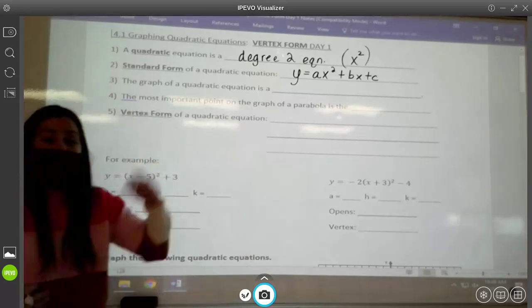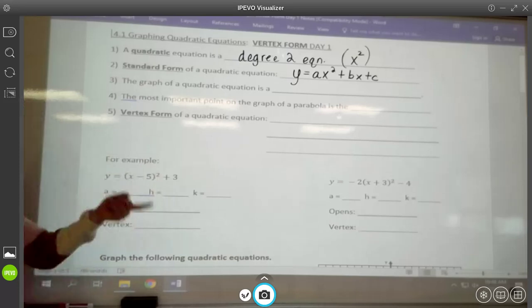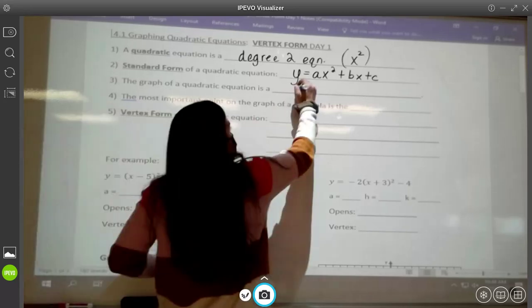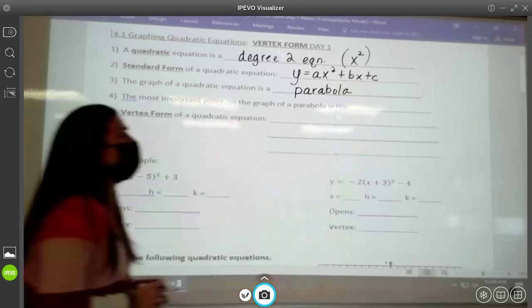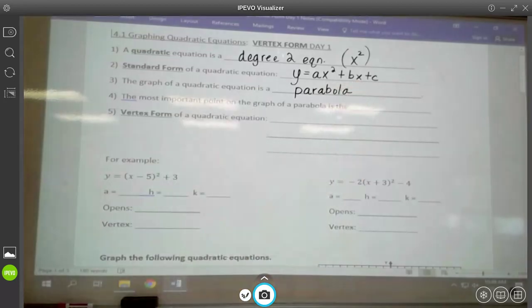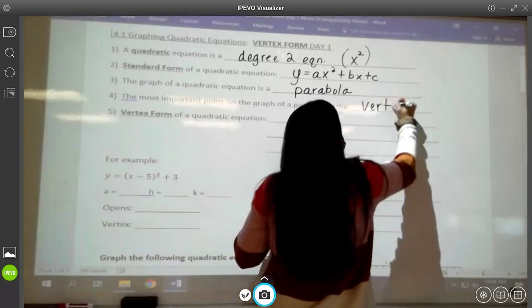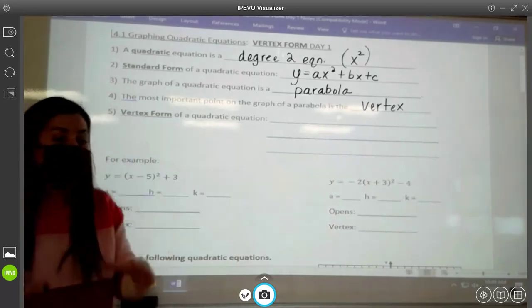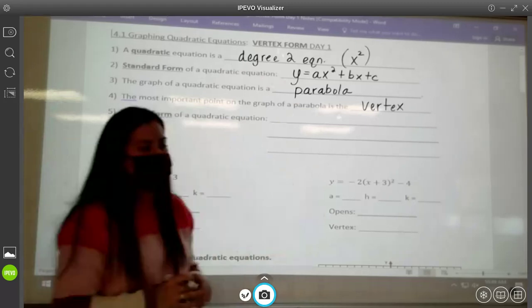Today, they're not going to look like that. They're still going to have an x squared, but it's not going to be written in standard form anymore. The graph of a quadratic equation is still going to be a parabola, the U-shaped graph. The most important point on the graph is still going to be the vertex. But the beautiful thing is the vertex is going to be really easy to find now, because the vertex will be written right in the equation.